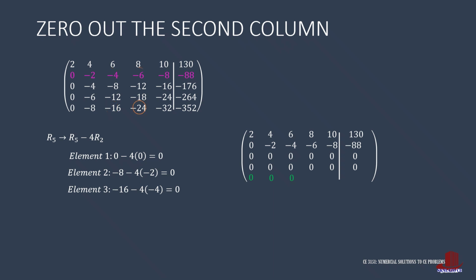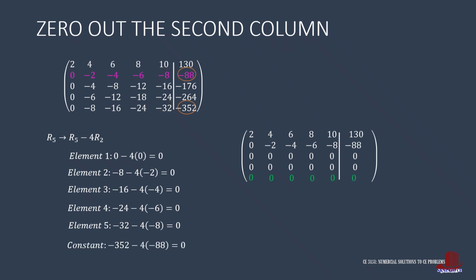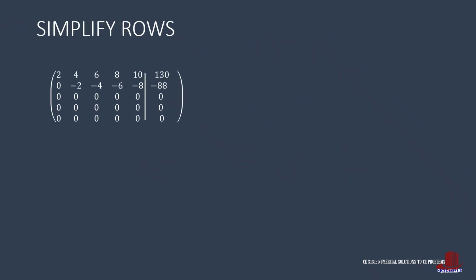And the fourth element is negative 24 less 4 times of negative 6, also 0. For the fifth element, negative 32 minus 4 of negative 8 as 0. The constant also shows 0 from negative 352 minus 4 of negative 88. With all other rows showing 0, we can only work with the first and second.